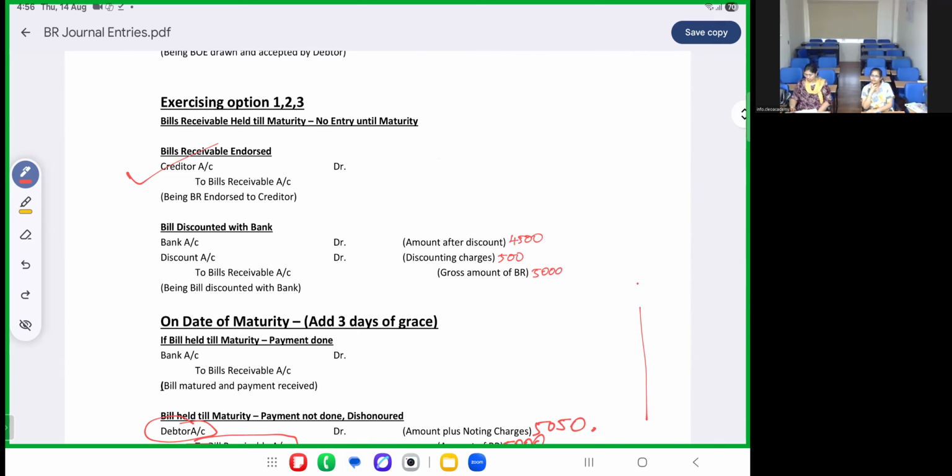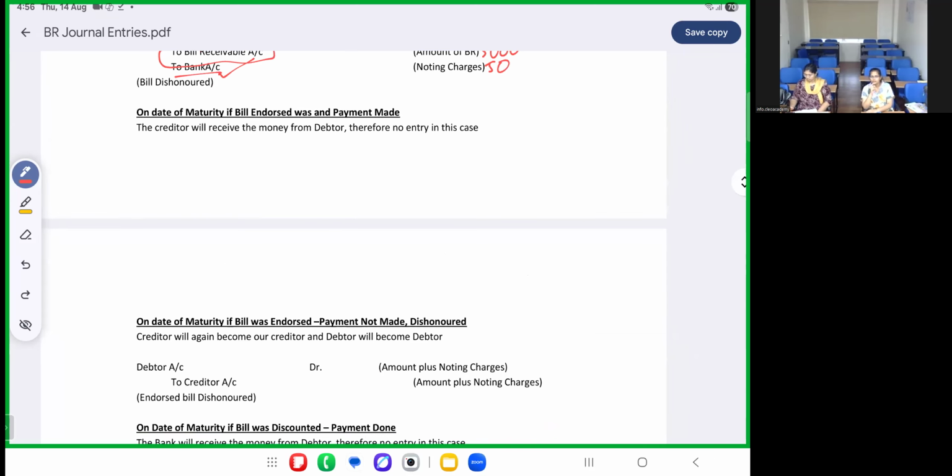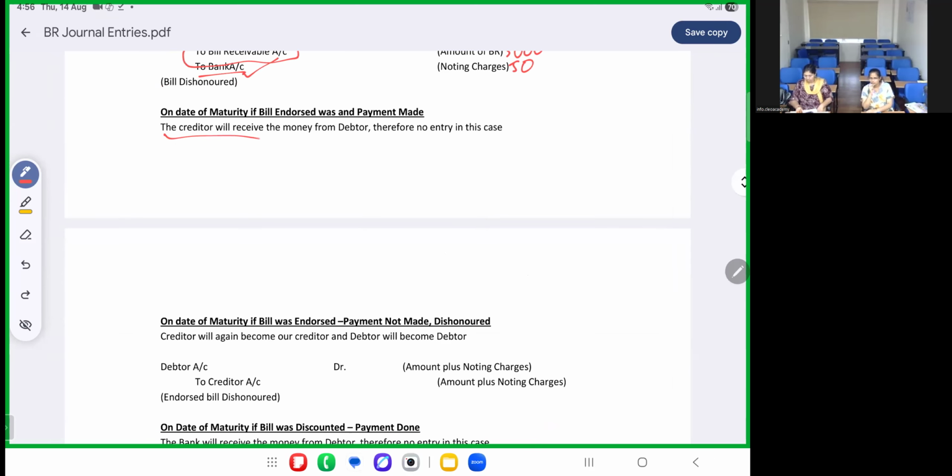My debtor after 3 months should pay to my creditor. If the payment is made, the debtor will directly pay the creditor. We need not worry about anything, so no entry will be passed on the date of maturity. The creditor will receive the money from the debtor. Therefore, no entry in this case. Understood?